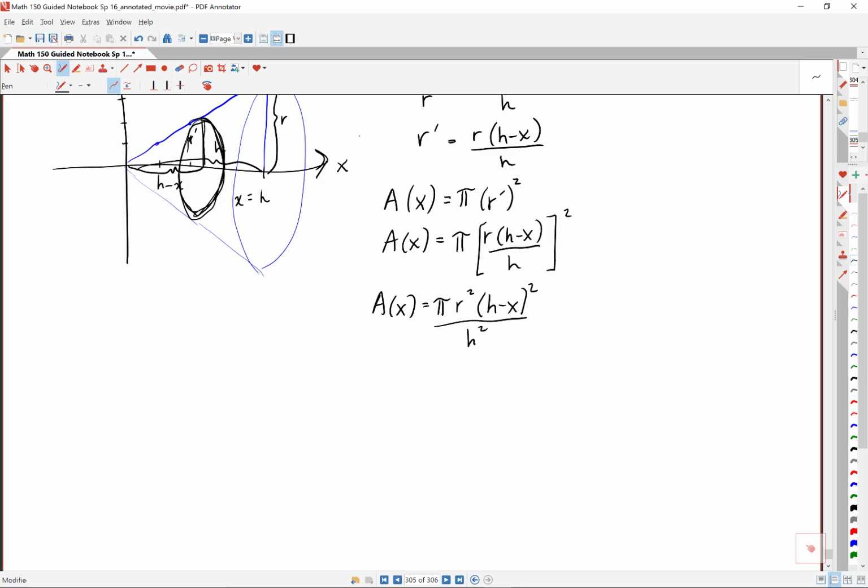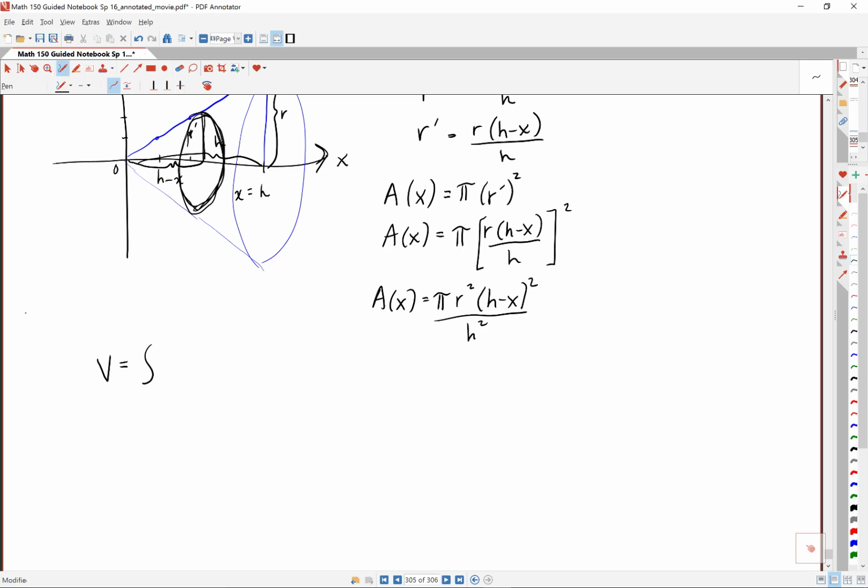So now let's take a look at what we have. The volume is going to equal the integral. Let's do this in general, from a to b, of A of x dx.